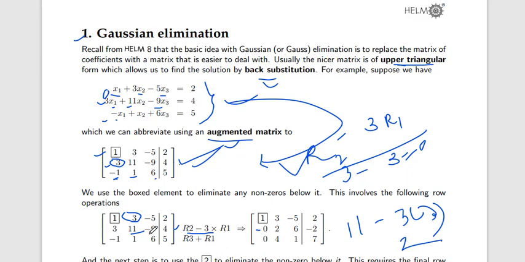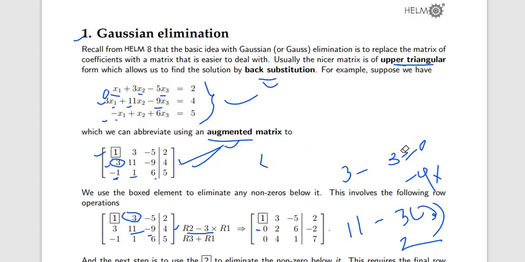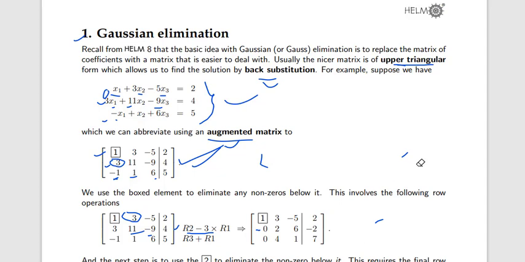Then -9 minus 3 into -5: minus times minus is plus, so -9 plus 15 is equal to 6.